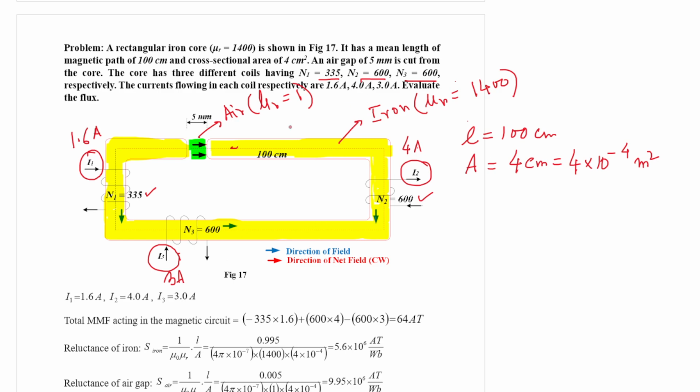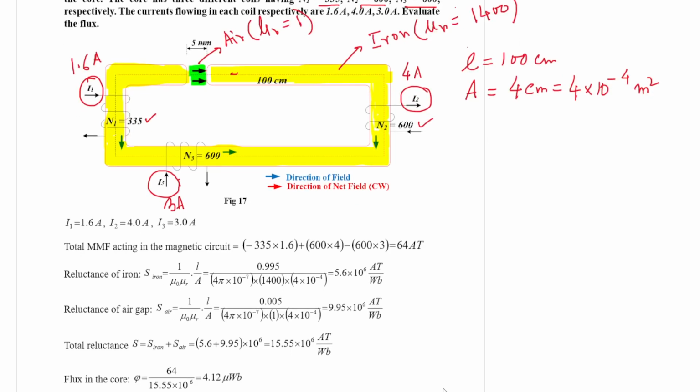Now you need to evaluate the flux. If you have only one coil, it is very easy to calculate. However, you have 3 currents. The 3 currents I1, I2, I3 will each create their own magnetic field. If you consider the first one, the current is flowing in the clockwise direction.